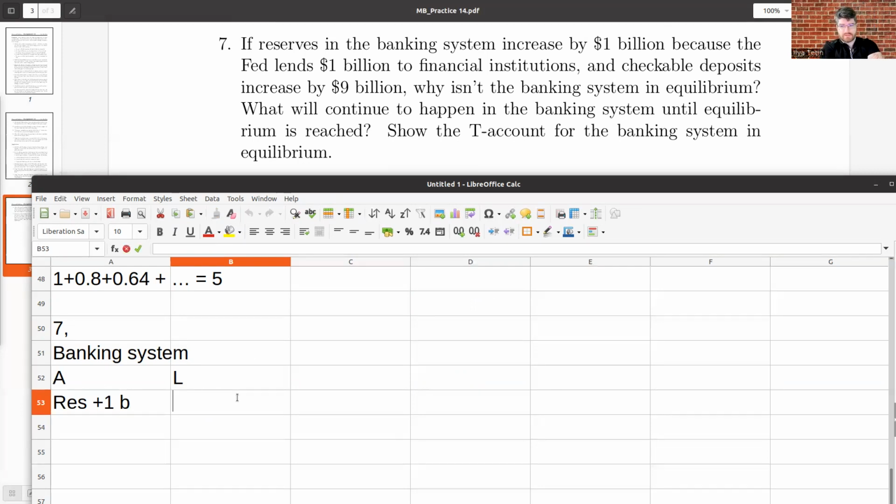What about, because the Fed lends, so there is the loan plus 1 billion. Okay. Then checkable deposits increased by 9. Checkable deposits increased by 9 billion.